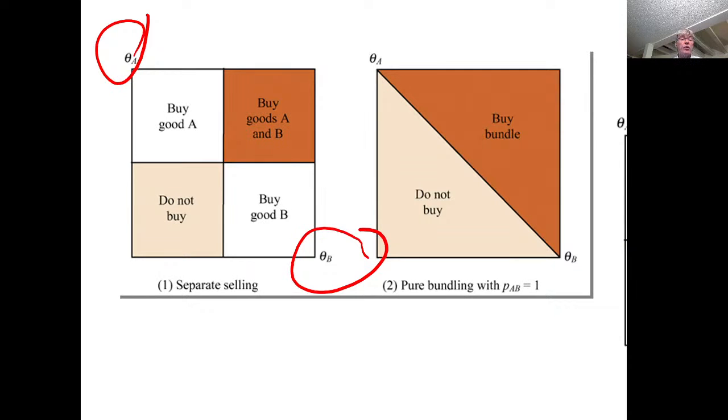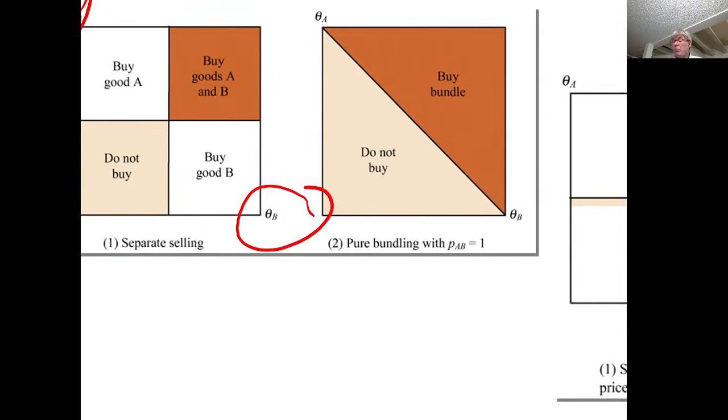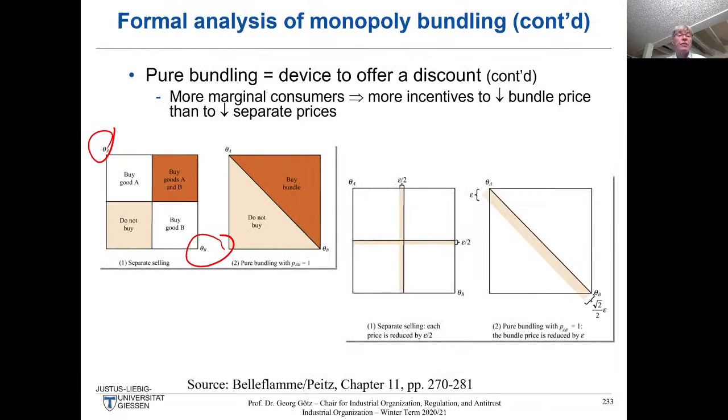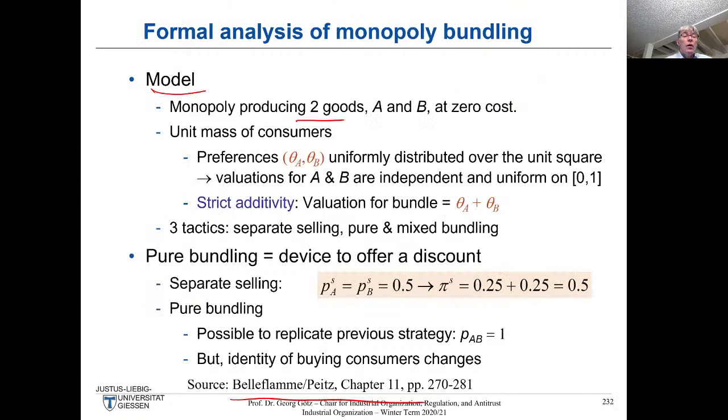But here we just assume that the total number of consumers is just 1. Okay, so unit mass of consumers. And these valuations are independently and uniformly distributed on 0 and 1.